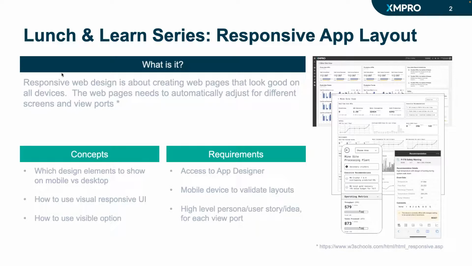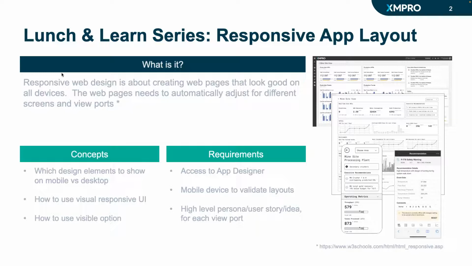We do have some requirements. You obviously need access to an app designer for this. It's highly suggested that you have a mobile device with you, whether it's a tablet or a phone. This will help you validate the layouts as we go through it. And lastly, but most importantly, who are the different personas that are going to use the layout that you're configuring?